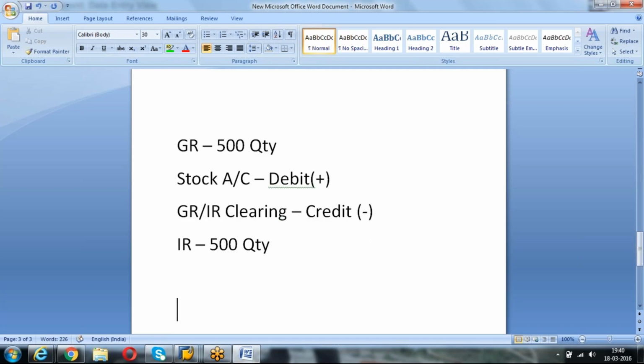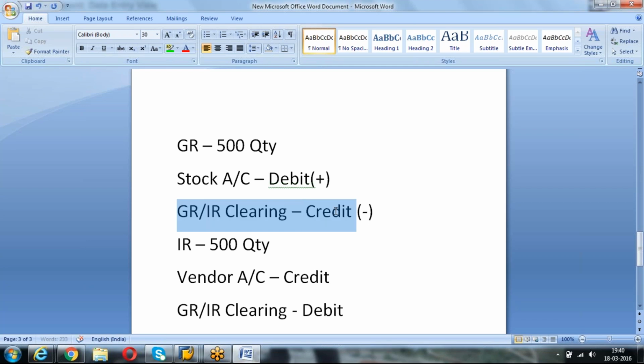When you do it for 500 quantity in IR, what happened? Vendor account gets credit, GRIR clearing account debit. Means this GRIR clearing account and these two are completely nullified. Okay. This is the generic entry.